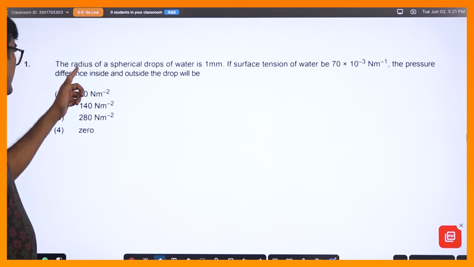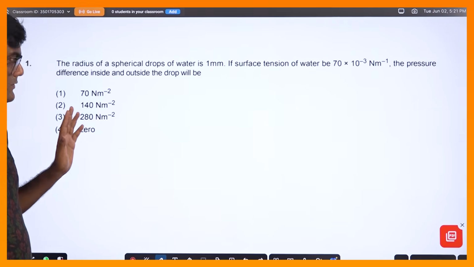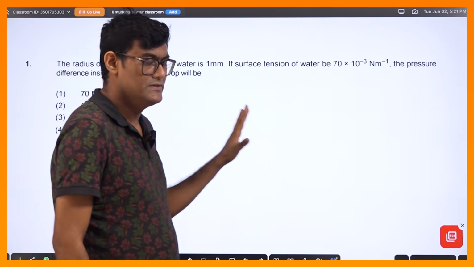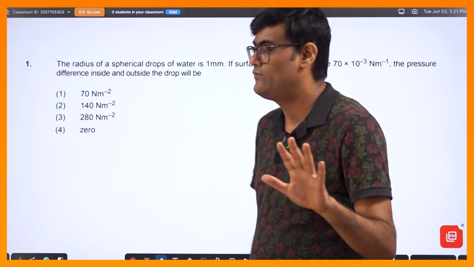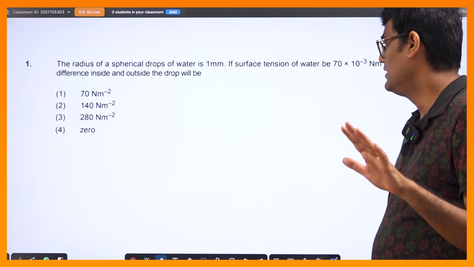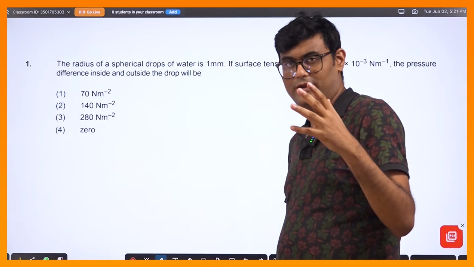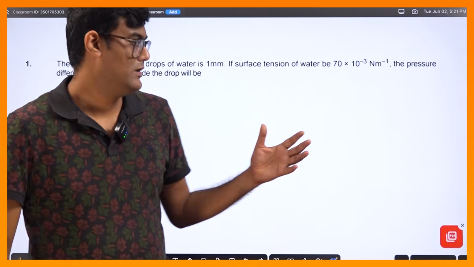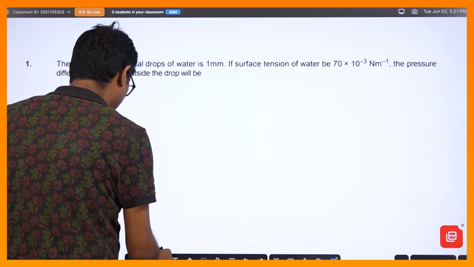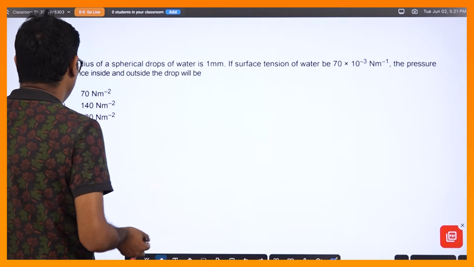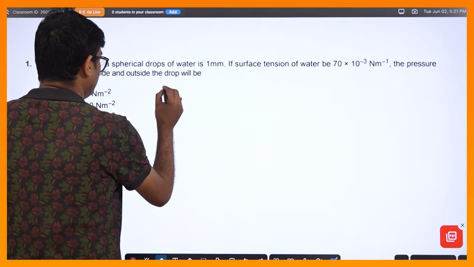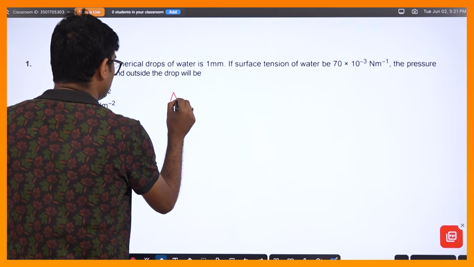The question says the radius of a spherical drop of water is 1 millimeter. Surface tension is given. We need to find the excess pressure inside the drop, and it's directly coming from the formula. The excess pressure is 2s by r if it is a drop, and if it is a bubble it is 4s by r.